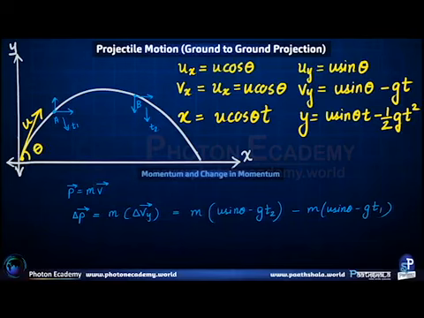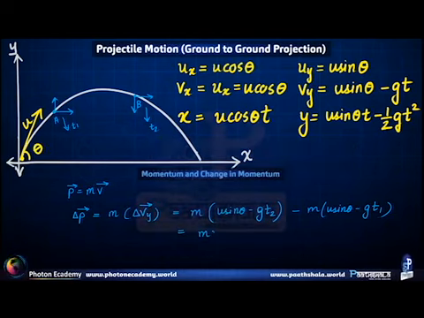Again m into u sin theta gets cancelled, so what remains is m g t1 minus t2. So the direction of momentum change is basically the vertical direction, because this is the vertical direction velocity.